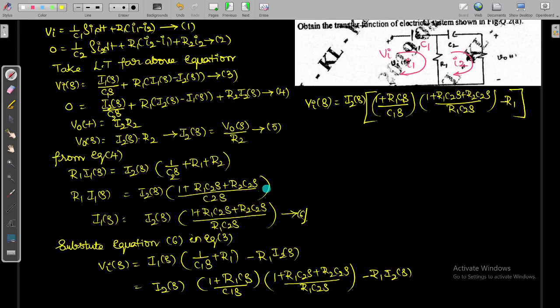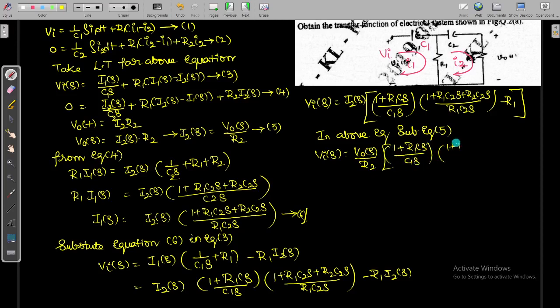Now in the above equation, substitute equation 5. In place of I2 of s you can write V0 of s. Then Vi of s equals V0 of s divided by R2 into 1 plus R1 C1s by C1s into 1 plus R1 C2s plus R2 C2s divided by R1 C2s, minus R1.